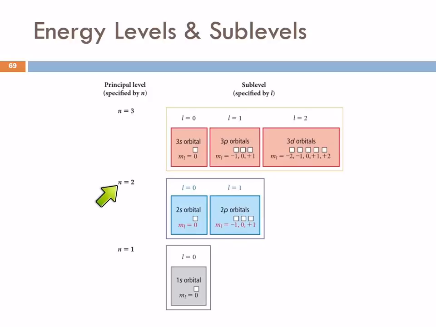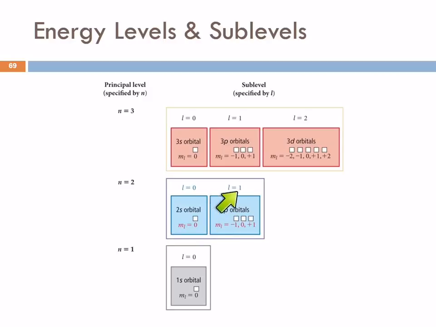When n equals 2, we have 2 possible values for the second quantum number. It could be 0 or it could be 1. If it's 0, again, that's an s orbital. This determines the shape of the orbitals. If L is 0, we only have one possibility for m sub L, the orientation, and we can put 2 electrons in there, one with plus 1/2 and one with minus 1/2.